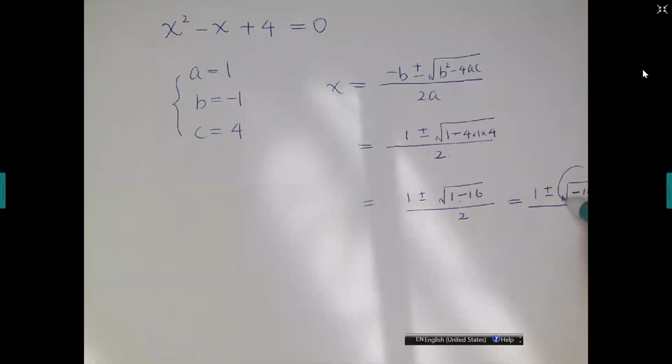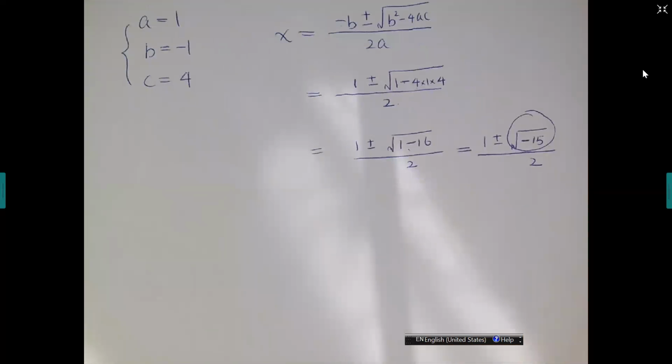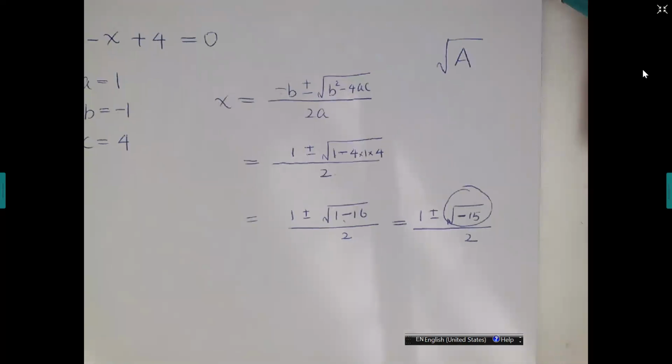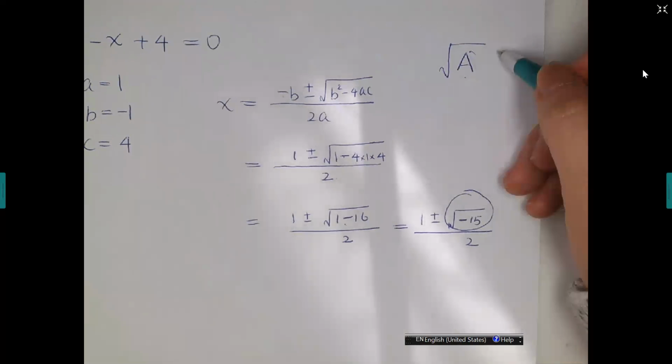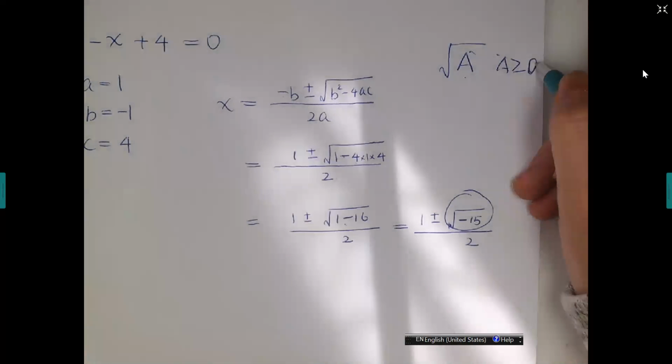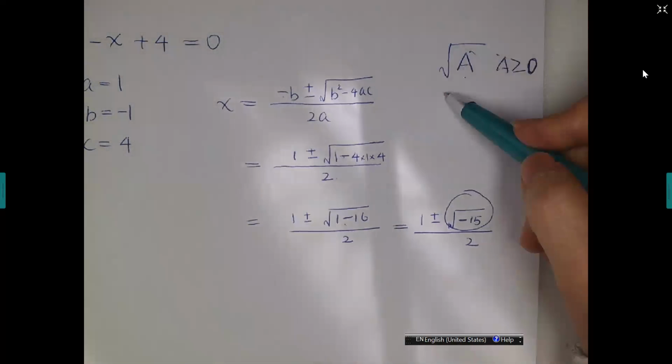Okay, a problem comes here. When we see a radical expression, we have to make sure the radicand is always greater than or equal to 0. Then this expression will be a real number. This is called a real expression.